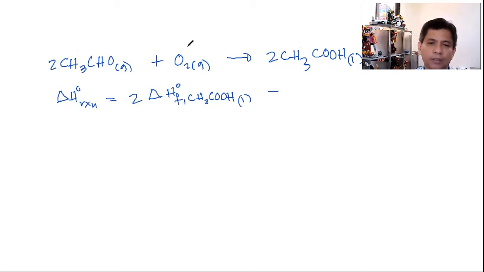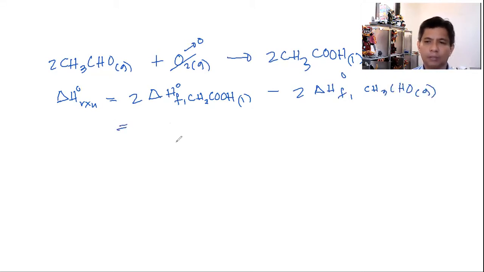Ito 0 na to. Ano? 0 yung delta H of formation. Cancel na. So minus 2 delta H of formation ng CH3CHO gas. So gagamitin niyo ulit yung resource section. So paulit-ulit ako, resource section. Hindi niyo pa ito masosolve ng walang resource section.